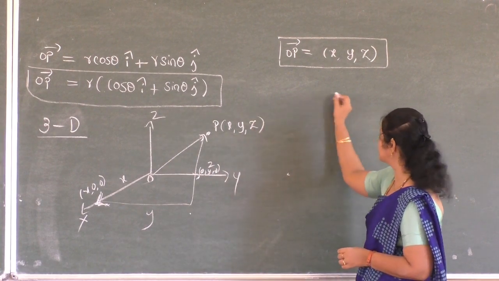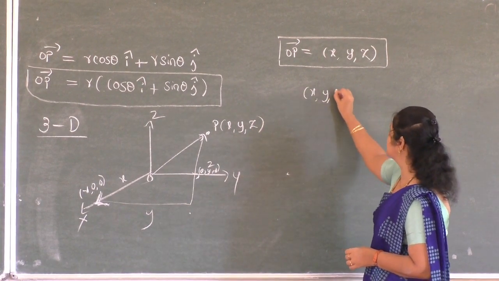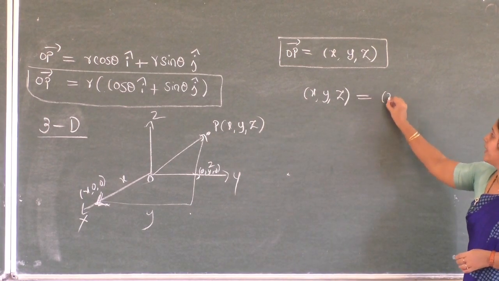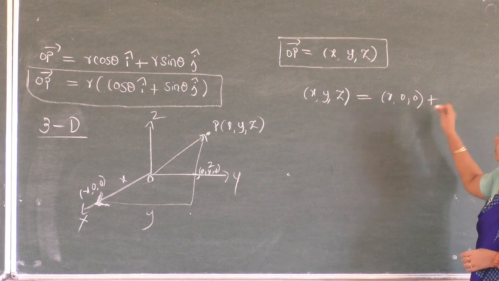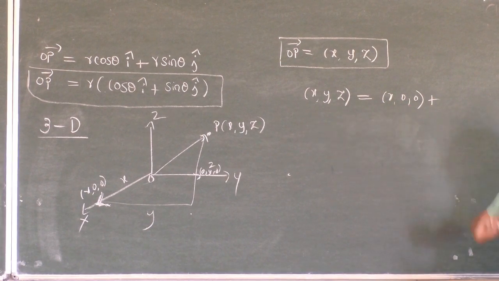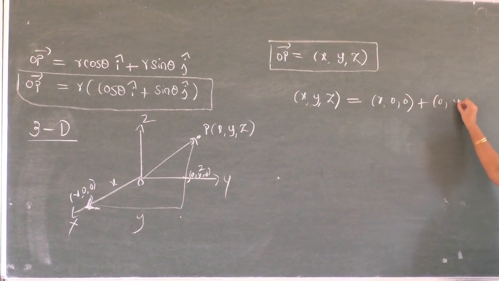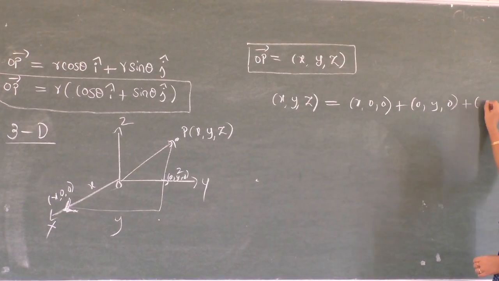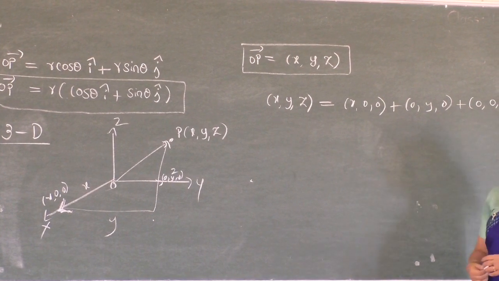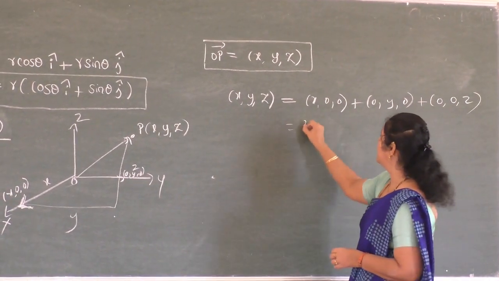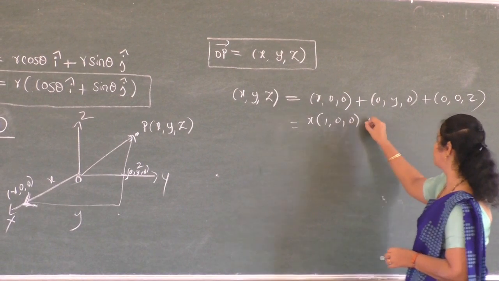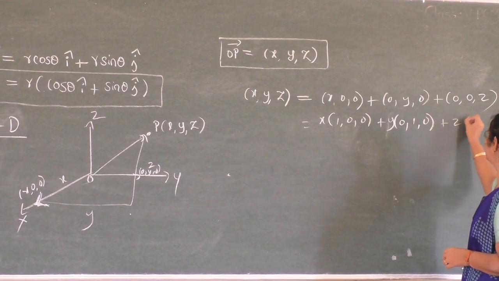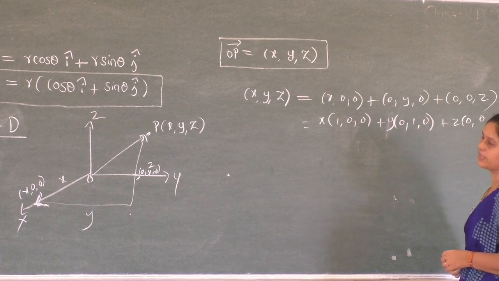So vector OP equals x comma 0 comma 0, which is also a vector, plus 0 comma y comma 0, plus 0 comma 0 comma z. Then I can write it as x into 1 comma 0 comma 0 plus y into 0 comma 1 comma 0 plus z into 0 comma 0 comma 1.